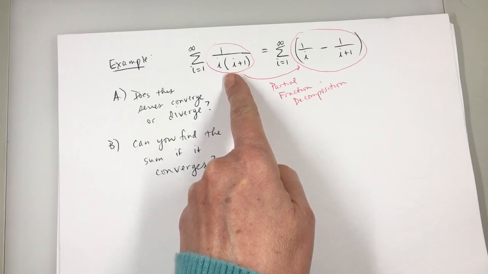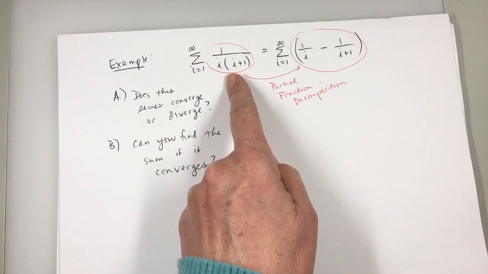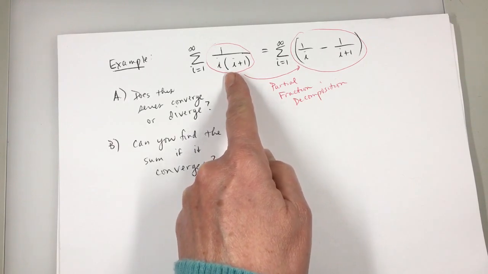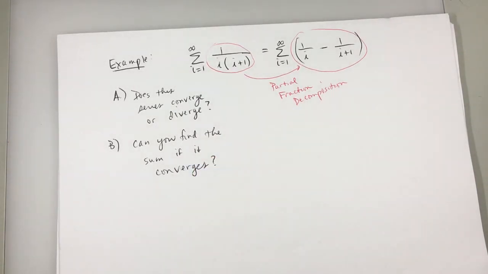From the way it's written first, you could show with the comparison test that this series converges. But with the comparison test, you're not going to get an exact sum. So let's go with the partial fractions here.